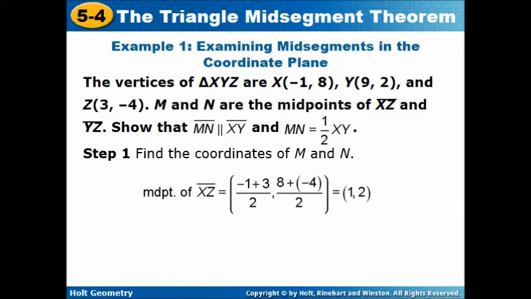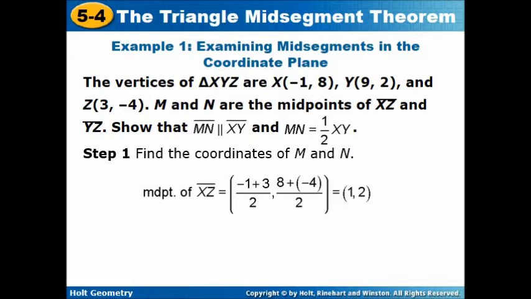To do that, we're going to use the midpoint formula. And so we'll be looking for the midpoint of line segment XZ. And so doing that, we put in the x coordinates for X and Z, and those coordinates are -1 and +3. And since we're taking the average of those two coordinates, we divide by 2.